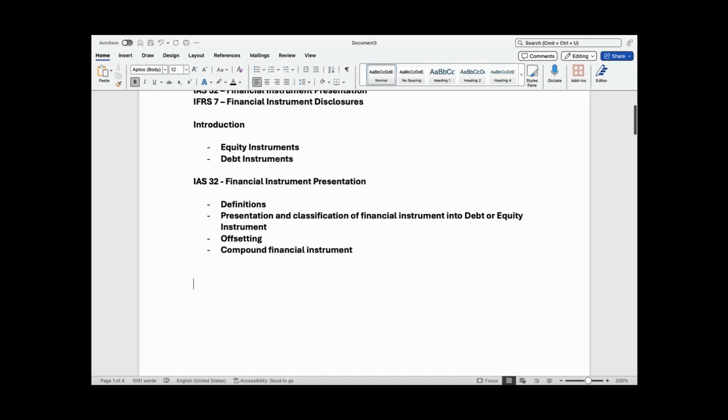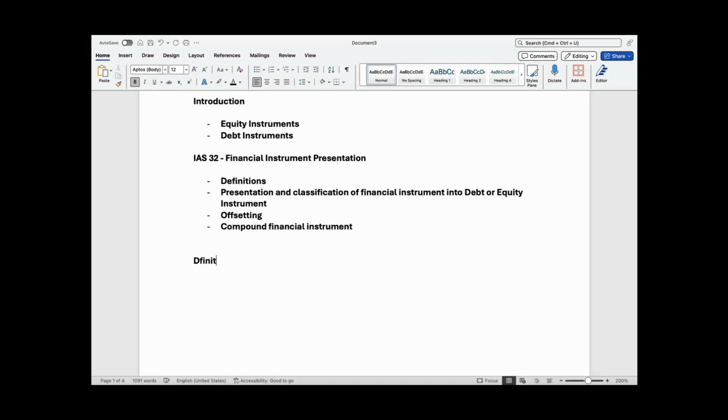Okay, let me start with some definitions that you need to get familiar with. And the very first, of course, is financial instruments. I know I've done a general introduction of this, but the way IAS 32 defined financial instrument, it says that it is a contract.